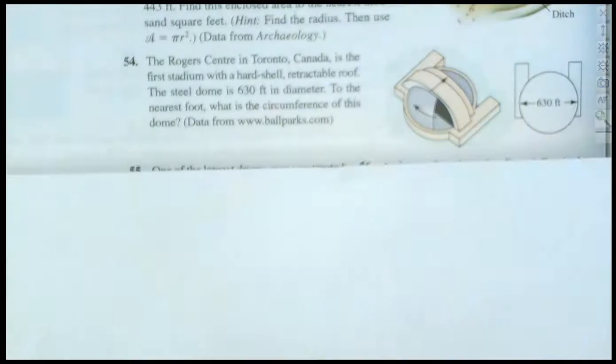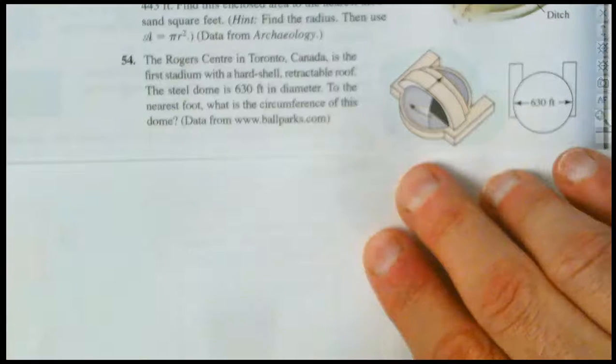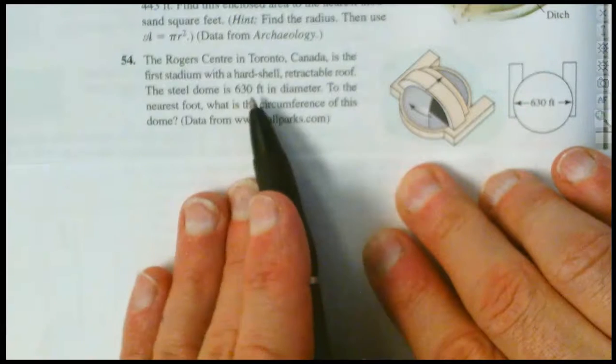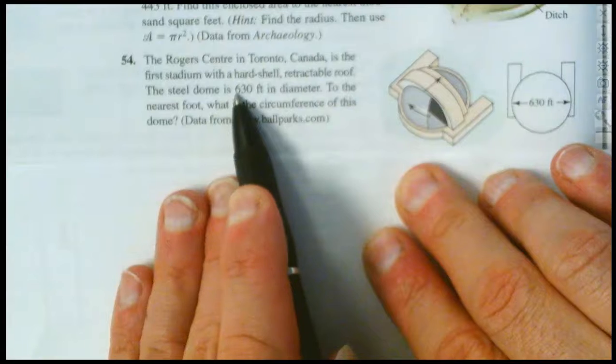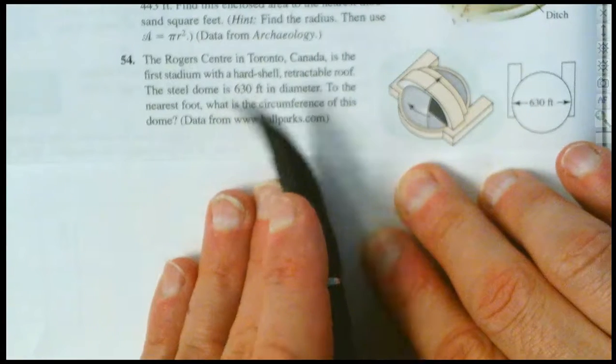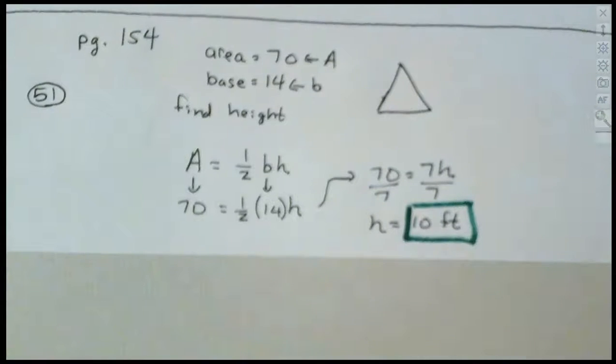So let's see what we've got. We've got 630 feet for the diameter. So our diameter is 630.